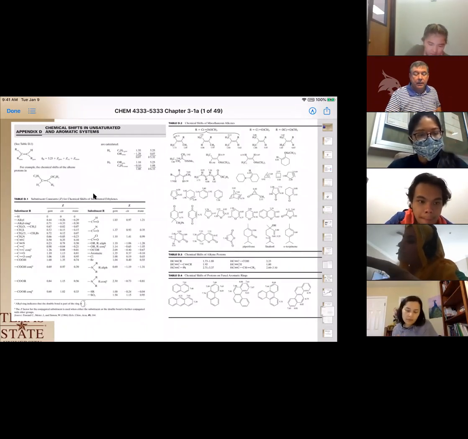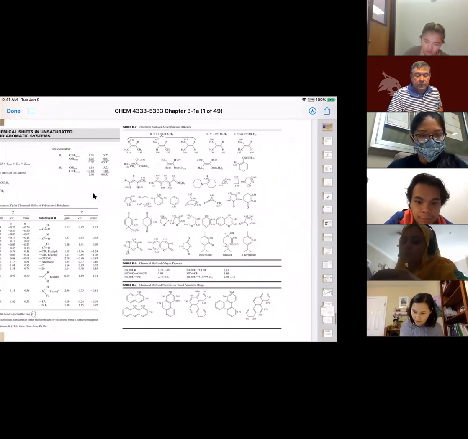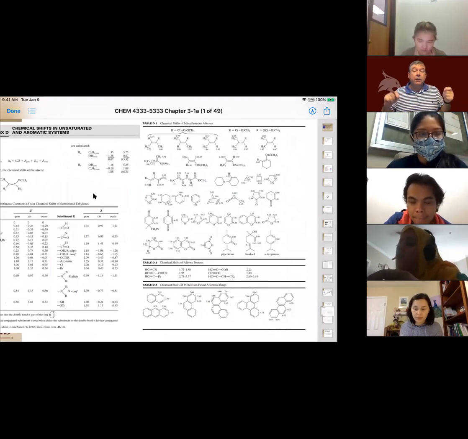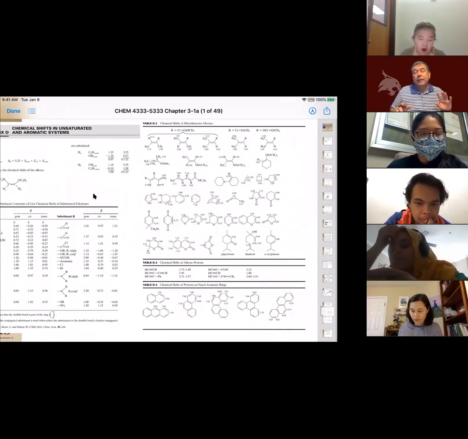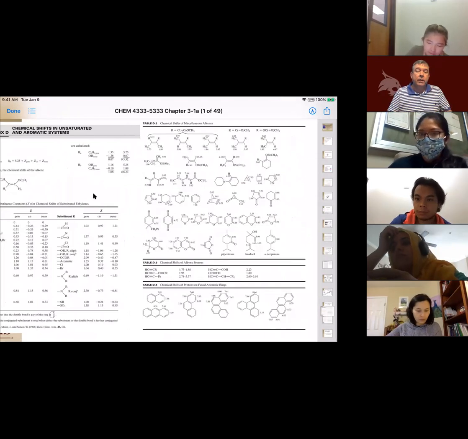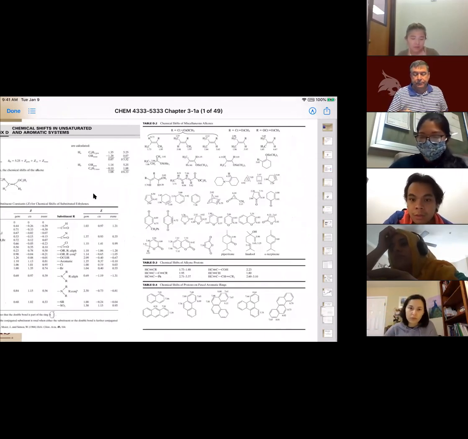But there are a lot of other structures on this same appendix that show you where things might be on ring systems that are conjugated or aromatic, so that they have different shifts, and they're not necessarily easy to predict, which is why they're listed here as a good starting point for your system.